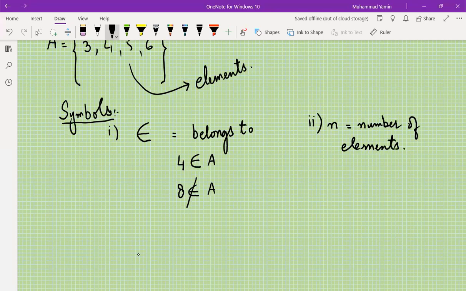For example, if it is said find n of A, it means they are asking you to find how many elements are there in A. We'll just count 1, 2, 3, and 4, and we write the answer as 4. Remember that this 4 will not be kept in the brackets because it is just the counting. It is not an element which is present in the set, or a part of the set.